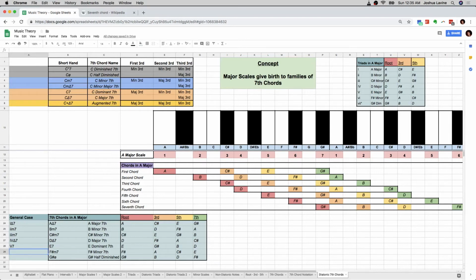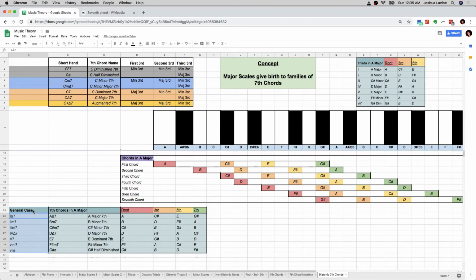Then we have a 6 minor 7, and then we have a 7 diminished chord. And so this is it. This is the general case for every single key that you can think of.